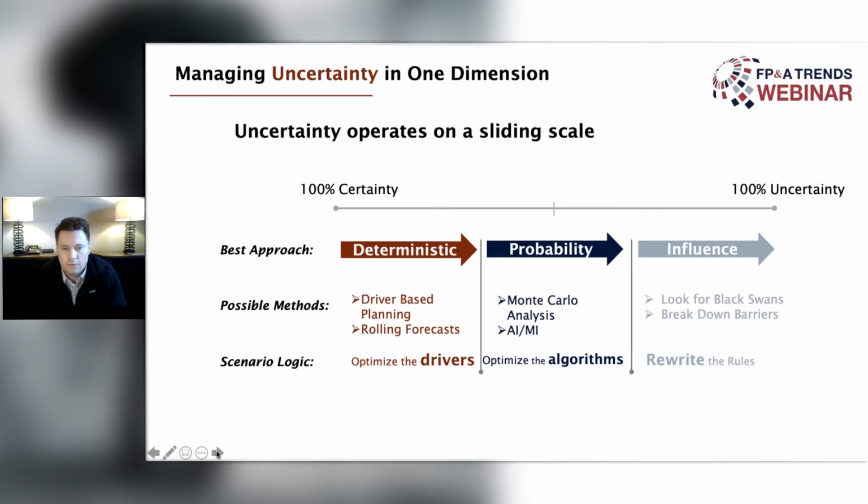But as we get further and further out into uncertainty, the techniques tend to change a bit, and people start to gravitate towards probabilistic or stochastic modeling. Common terms there are Monte Carlo analysis, and now with newer technologies, AI and ML tend to be the big winner.